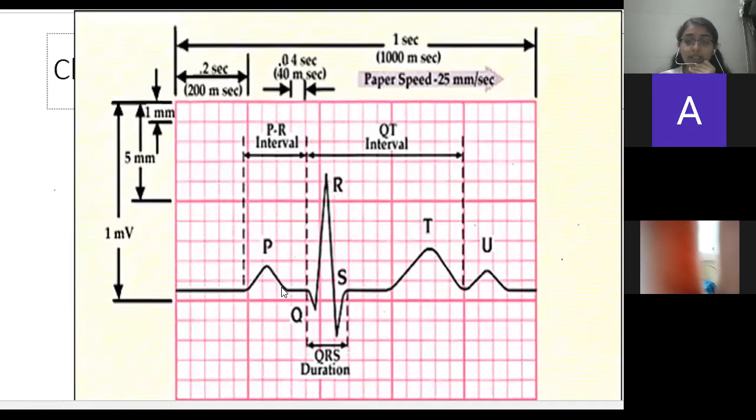You cannot just sit there and calculate. You just know that P has to cover 2.5 small boxes. Meaning one box is 0.04 seconds, 0.04 into 2.5 or into 3 boxes. So it will be 0.08 to 0.12 seconds. Okay. So I'll show you what are the normal values and everything when we see individual wave.